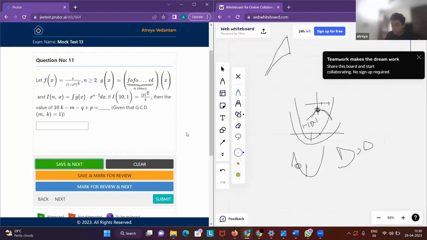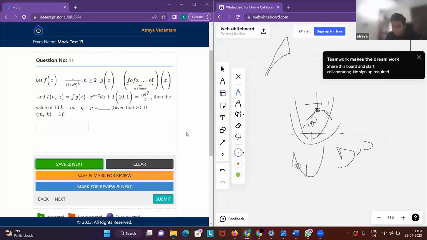To clarify, to simplify, essentially it is going to be (1 plus n x power n) the whole power (n minus 1) by n, divided by n into (n minus 1). Since we are given x is 1, we have to evaluate it at x is 1 and n is equal to 10.